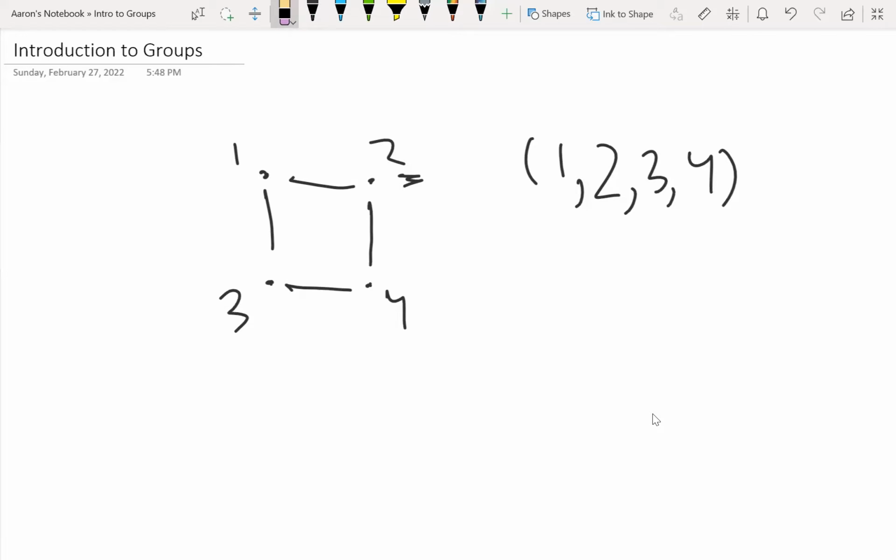That's a symmetry: some permutation of the vertices that maintains the edges. The structure that we've imposed is that the edges stay the same.